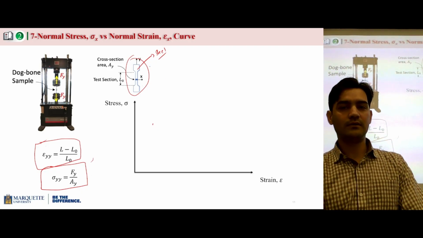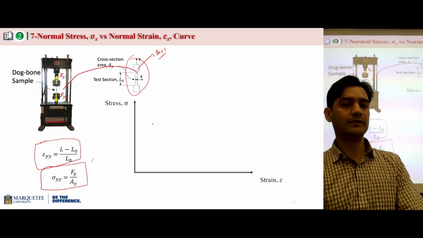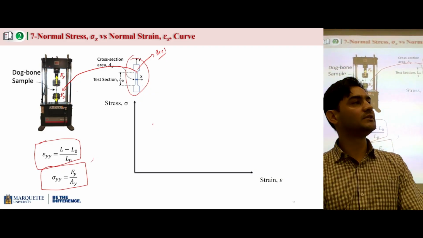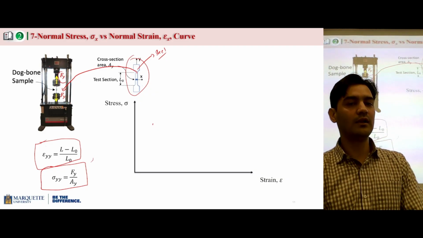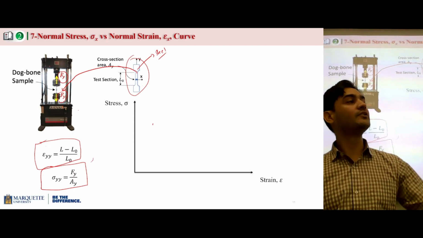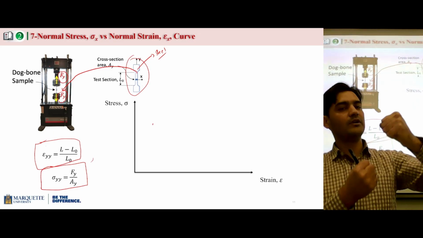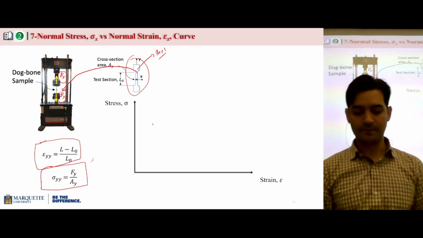So we will make a sample out of steel material and we're going to put it in the machine. What this machine will do is apply a force with increasing intensity. So we'll start the machine and the machine will keep on increasing the force on the material.